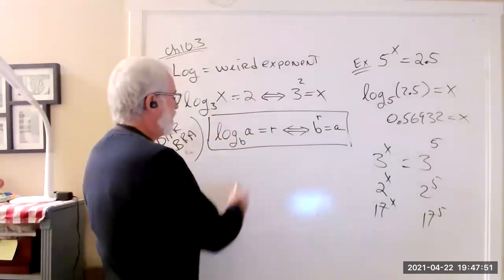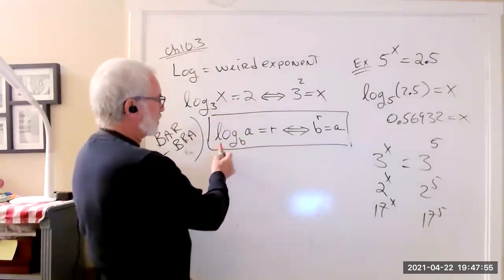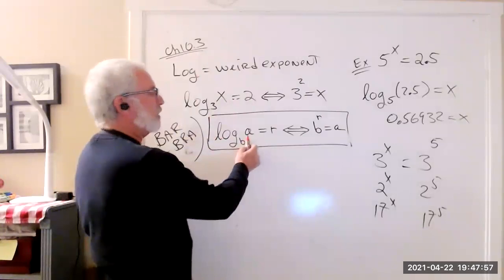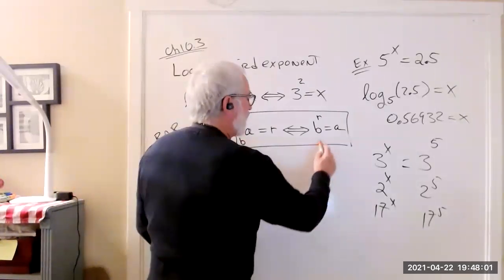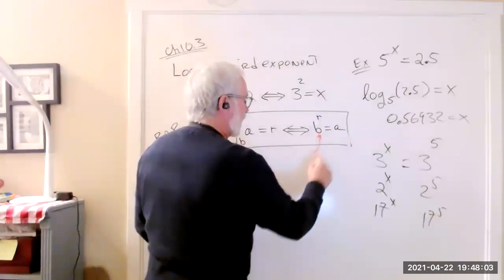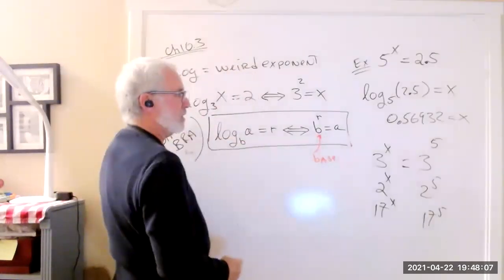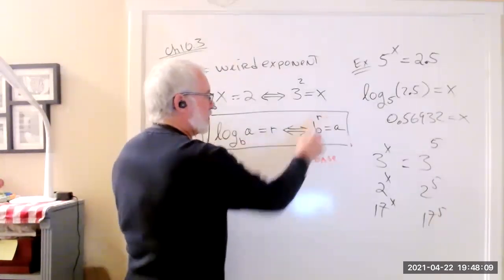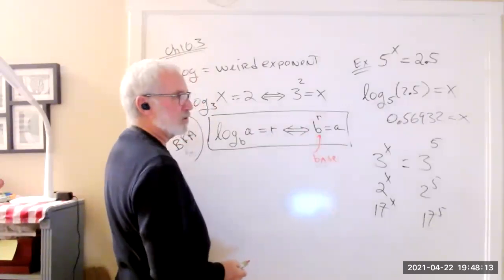Remember I made a big deal about how to write this as log base b of a. You had to say base b. Well, remember in an exponent, that's called the base. That's the exponent, and that's the answer, whatever that is.